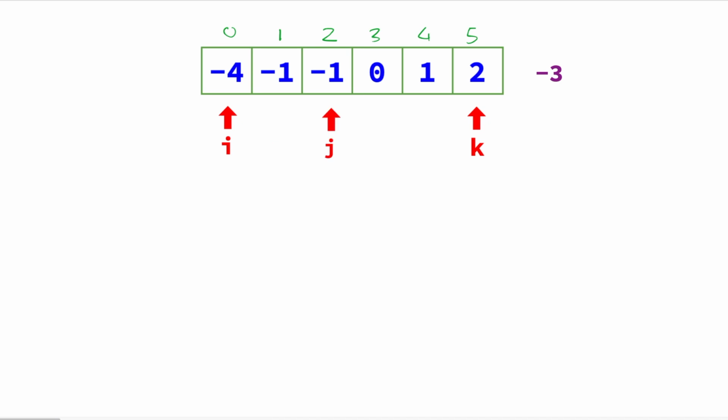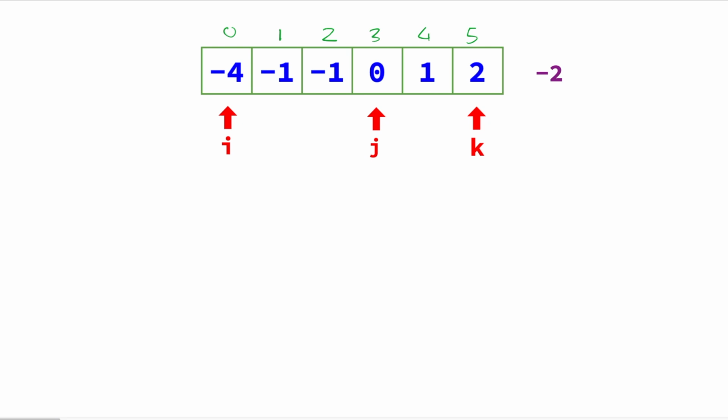At this point, we can see that the sum of the three values is still -3. So we will again move j one position to the right. Now we can see that the sum of the values at indices i, j, and k is -2, but it is still less than 0.